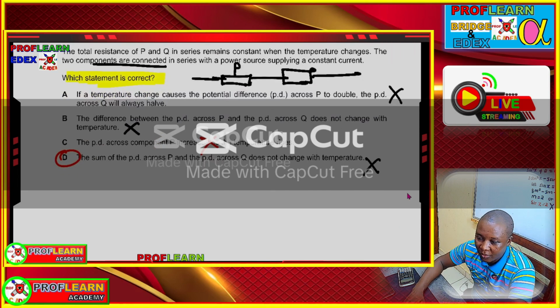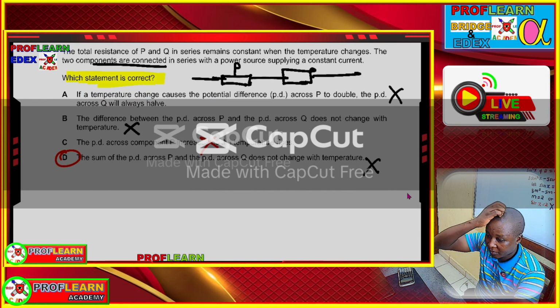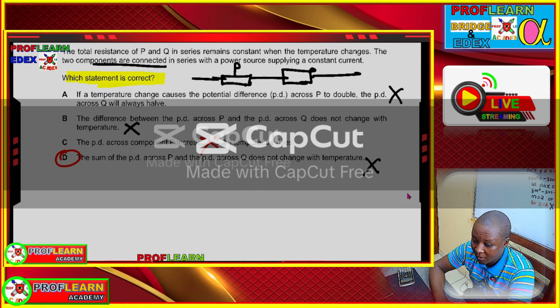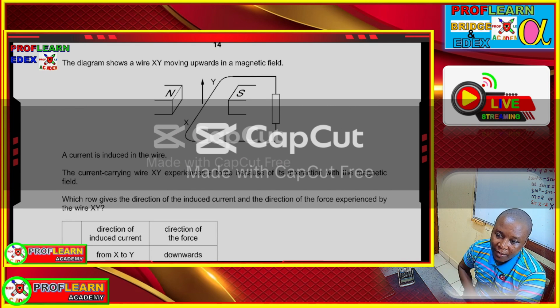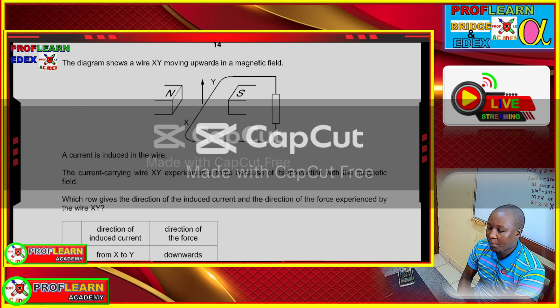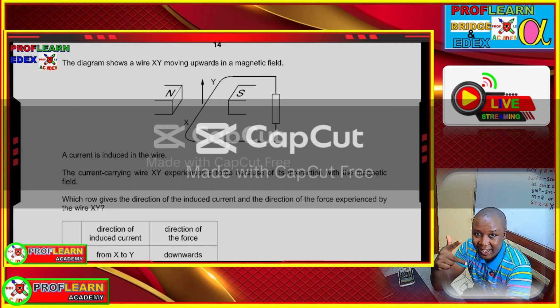And finally we have the last part of the question here. For the first part of the diagram, you were supposed to use Fleming's right-hand rule to determine the direction of the current.